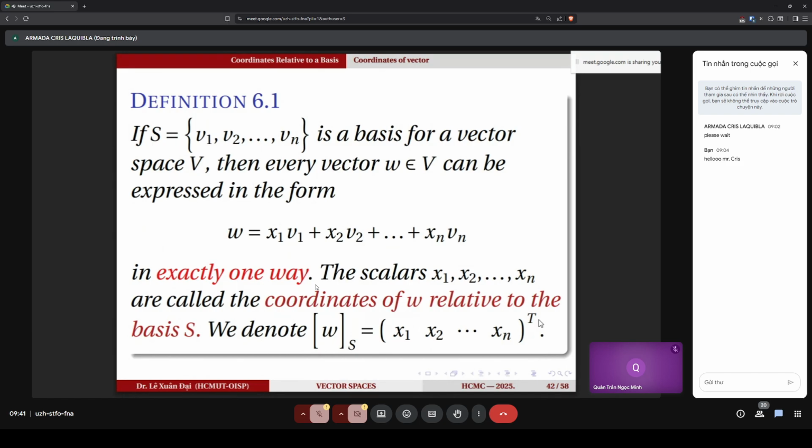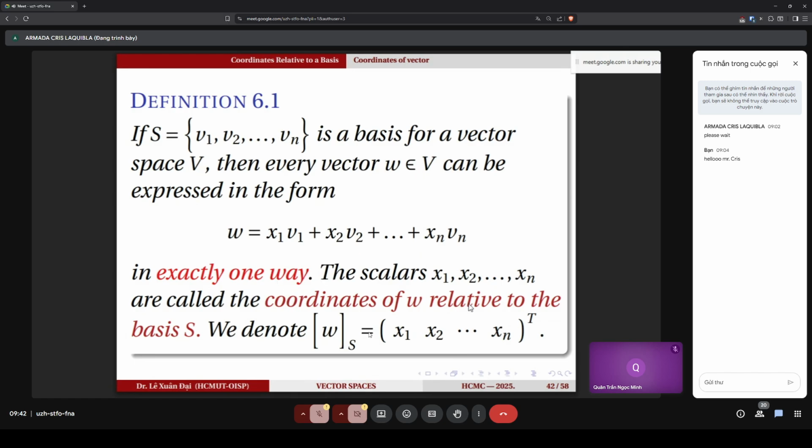Next, another definition for the basis. If S is a basis for a vector space V, then every vector W in V can be expressed in this form: W is equal to x1 v1 plus x2 v2 plus up to xn vn in exactly one way.